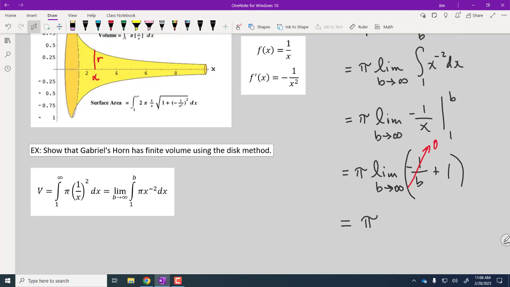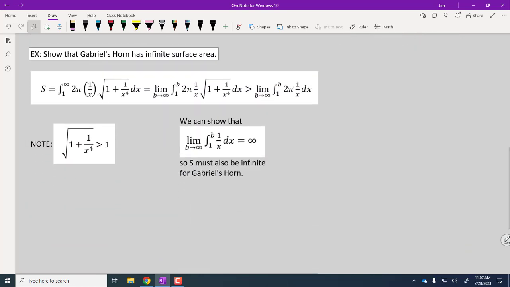For surface area, we know we have to do 2 pi r times the square root of 1 plus the derivative squared. Exam 1, surface area formula. The function is 1 over x, so 2 pi times 1 over x, and then the square root of 1 plus the derivative squared. That's what that all says. So you don't have to write this down. This is the surface area integral that we would have got from exam 1.